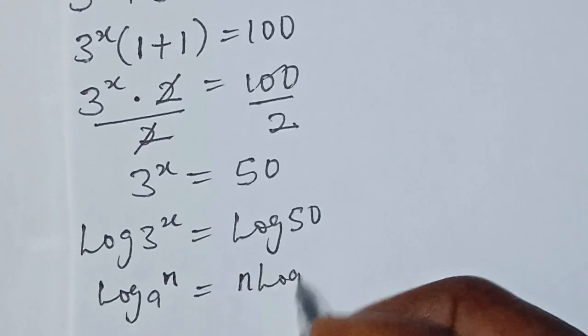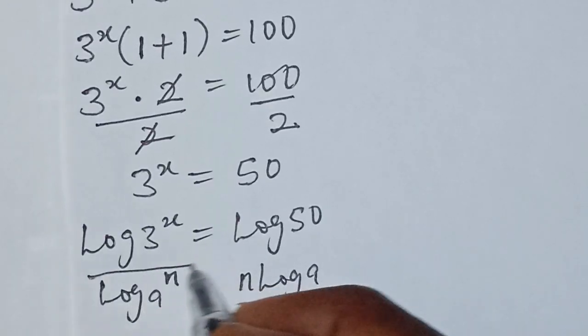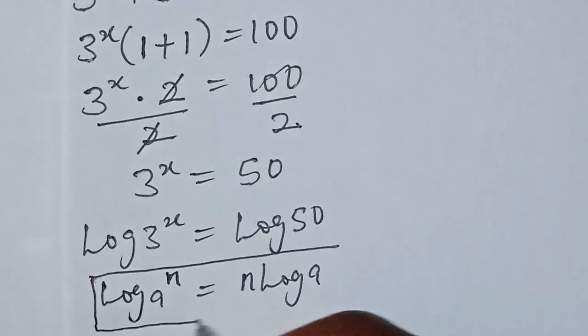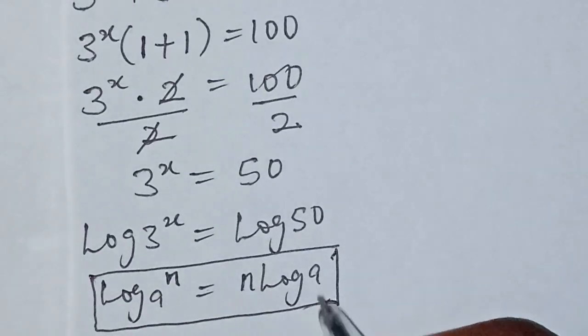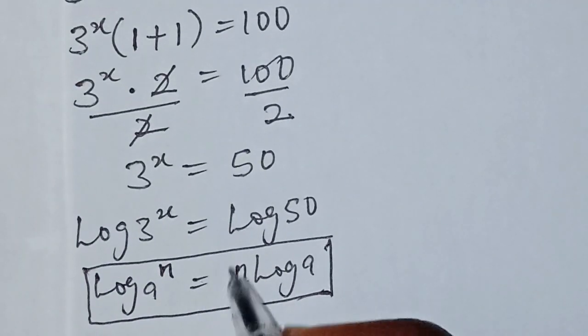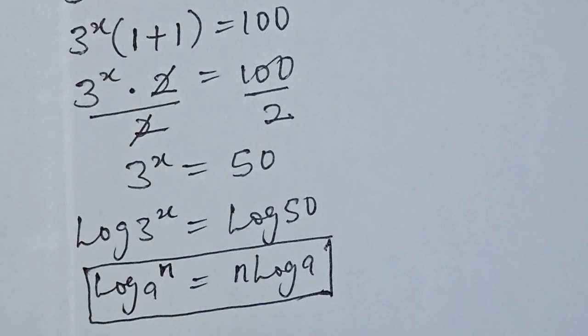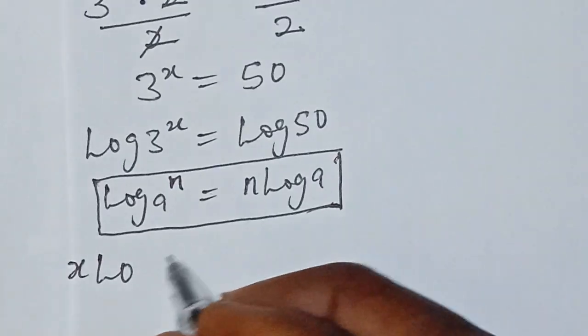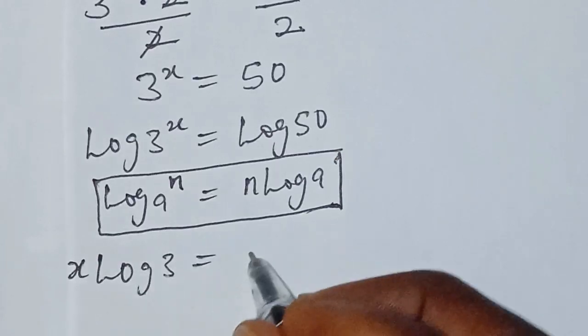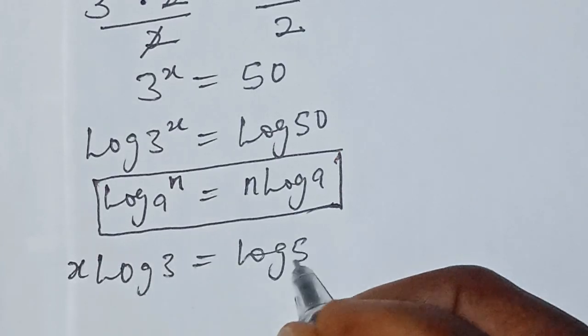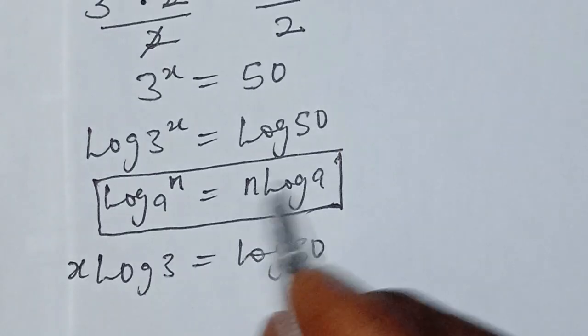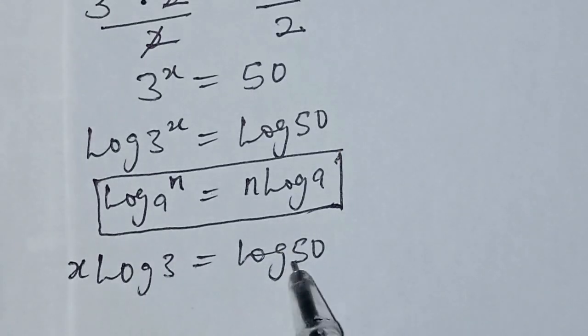n log of a. So if we use this identity, then our left hand side becomes x log of 3 equal to log of 50. The one thing we also need to do is simplify this right hand side, log 50.